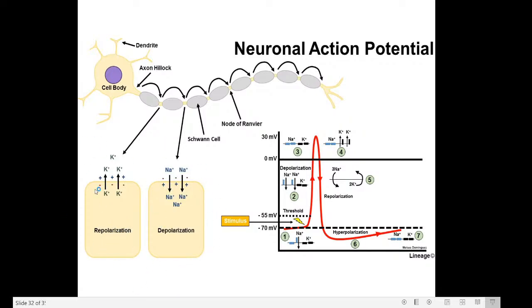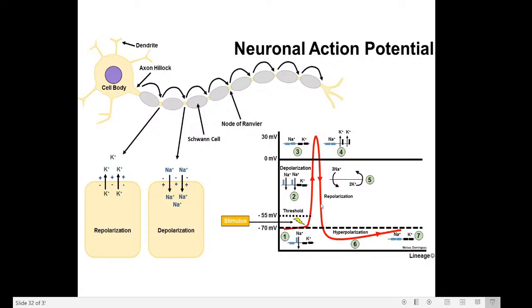During repolarization, K plus ions are released to the surface, and that is the balancing. During depolarization, there is Na plus intake. Here in the action potential, this is the threshold period. At the threshold period the millivolt is very low, at minus 55 millivolt.